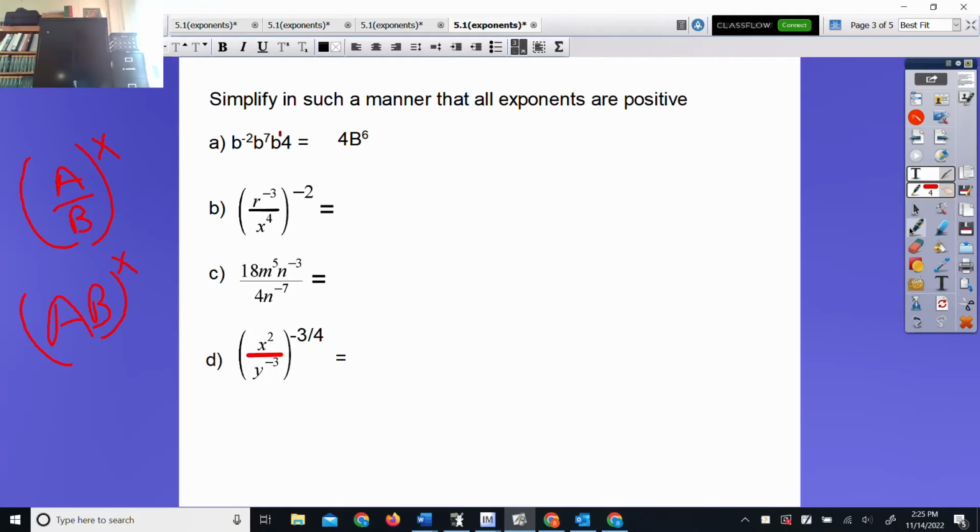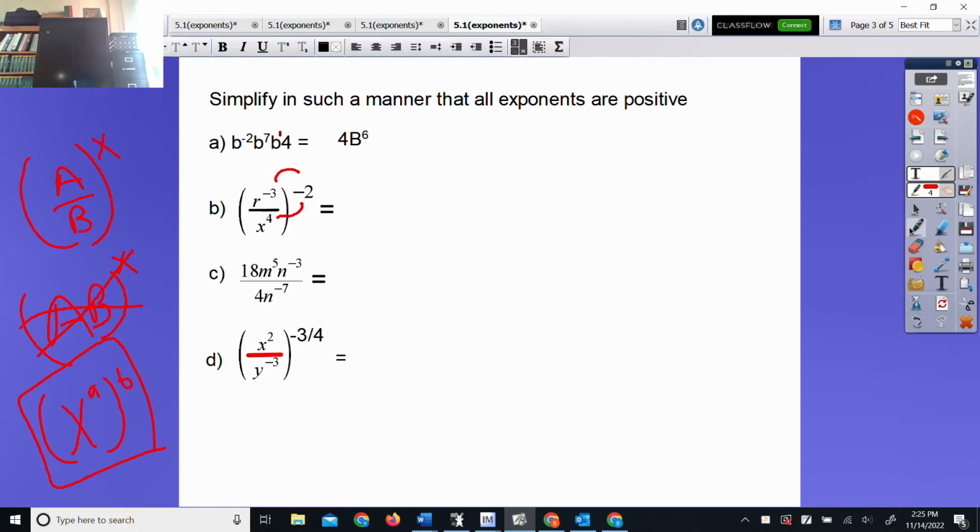Sorry, not that one. You have x to the a raised to the b. Merge those 2 rules together. This one's kind of the most important one. What does it say you do with the outside exponent? You just move it into multiplication. That's the most important of those 2.